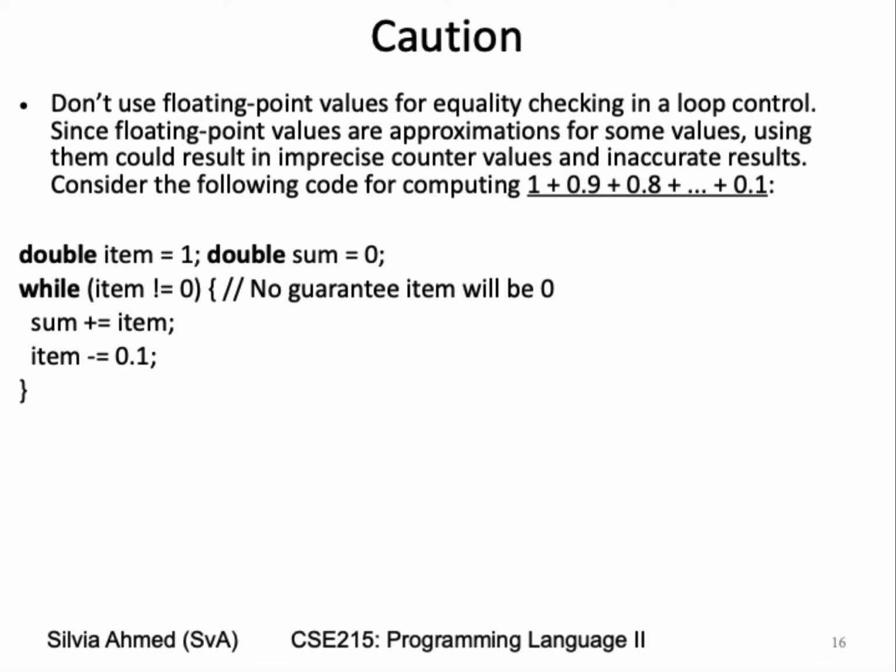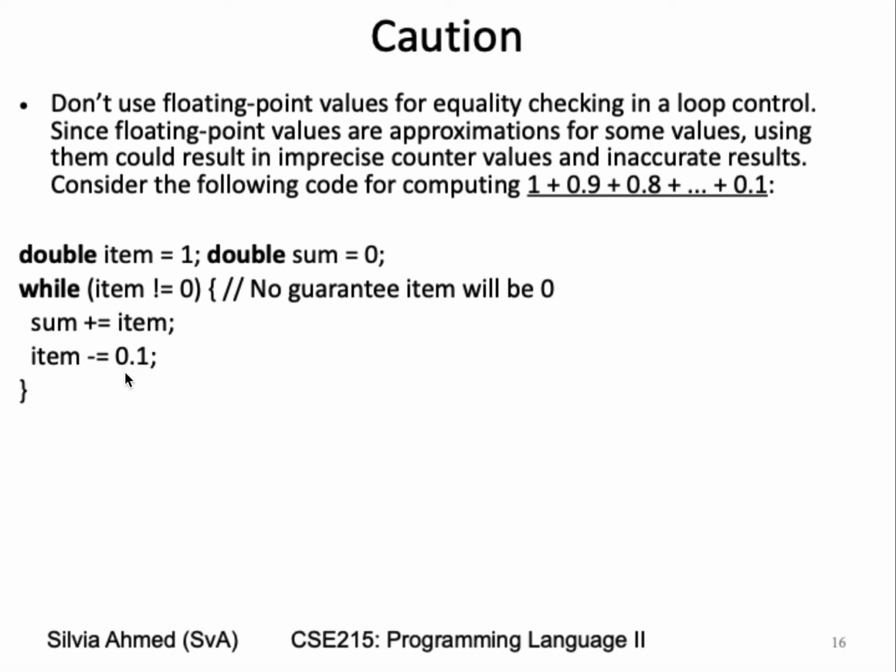But as we have seen in previous classes, 0.1 minus 0.1 may not always result in exactly 0, maybe an approximate value of 0. So when an approximate value of 0 is compared with 0 for not equal, that becomes true, and it again enters the loop and adds that insignificant value to sum, and then item becomes negative, minus 0.1.